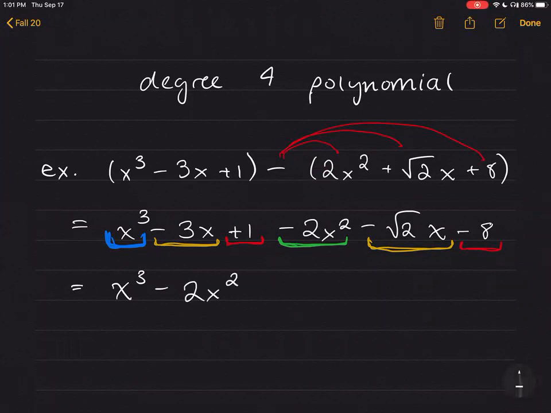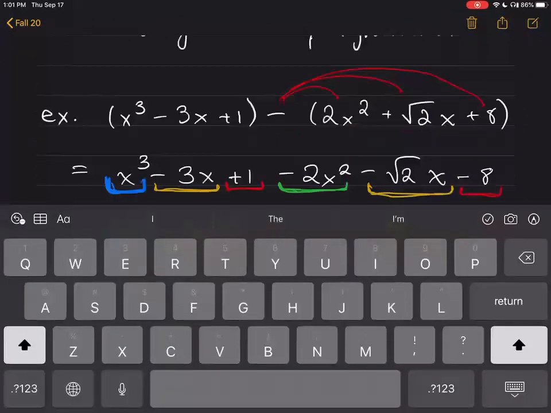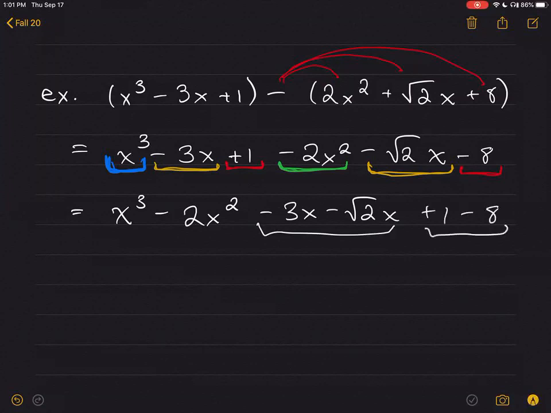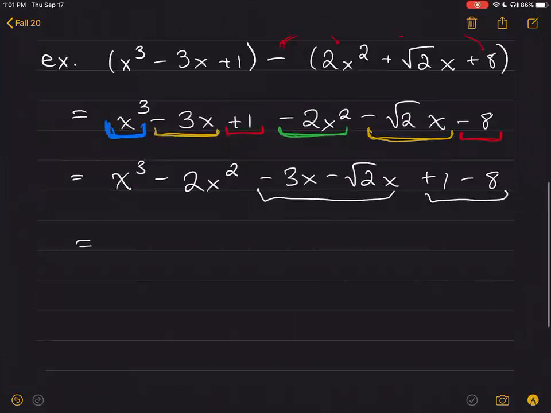And then we're going to do minus 3x minus square root 2 x. So we will combine those in the next step, and then plus 1 minus 8, which we'll combine in the next step. Like this, we'll do x cubed minus 2x squared.